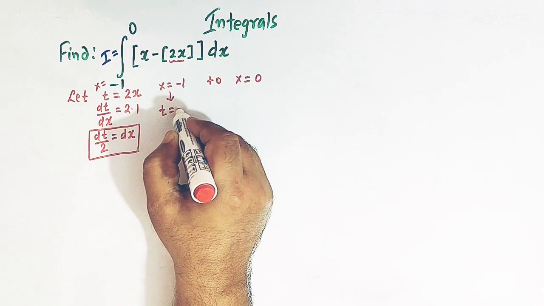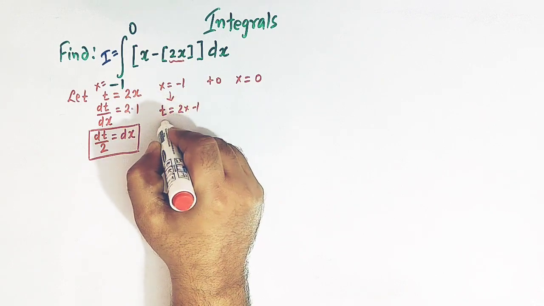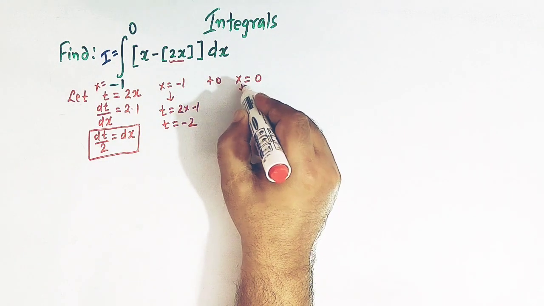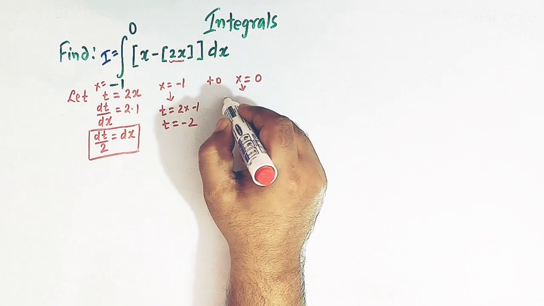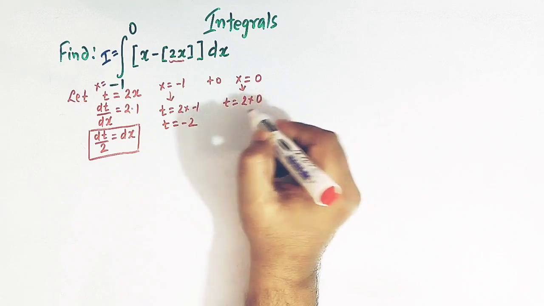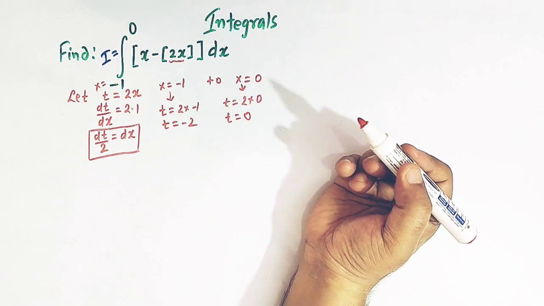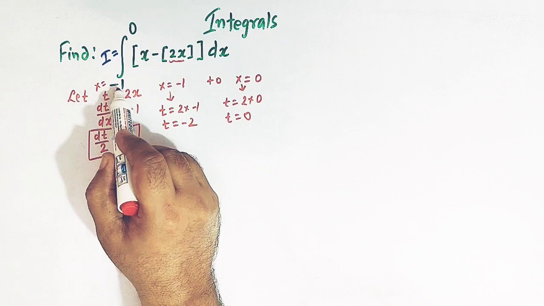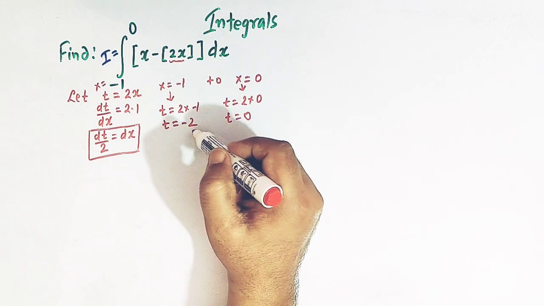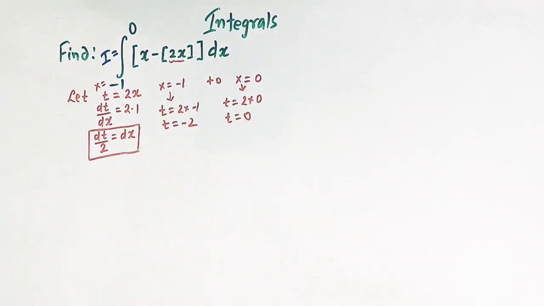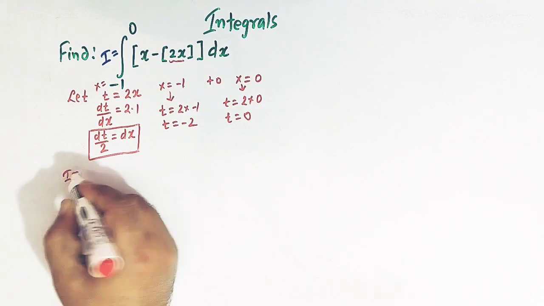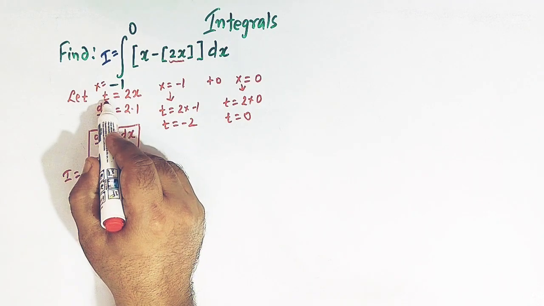So we have t is equal to 2 times -1, so t is -2, right? And when x is equal to 0, the corresponding value of t is 2 times 0, that is t is equal to 0, right? So when x goes from -1 to 0, our new variable t goes from -2 to 0, right?